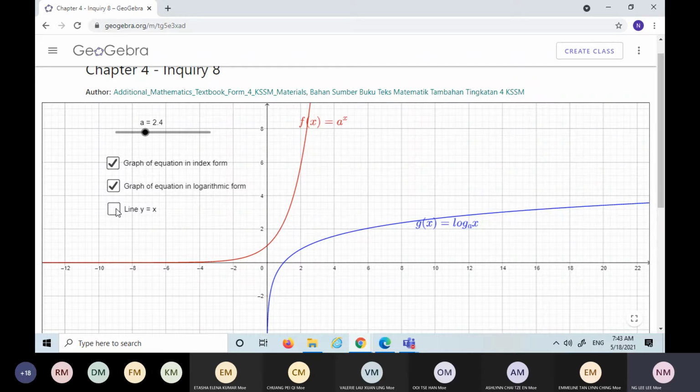And then you have the line y equals x. Looking at the line y equals x, it is very obvious that f(x) is the inverse of g(x), or you can say g(x) is the inverse of f(x). Meaning y equals a to the power x and y equals log base a of x are inverses of each other.